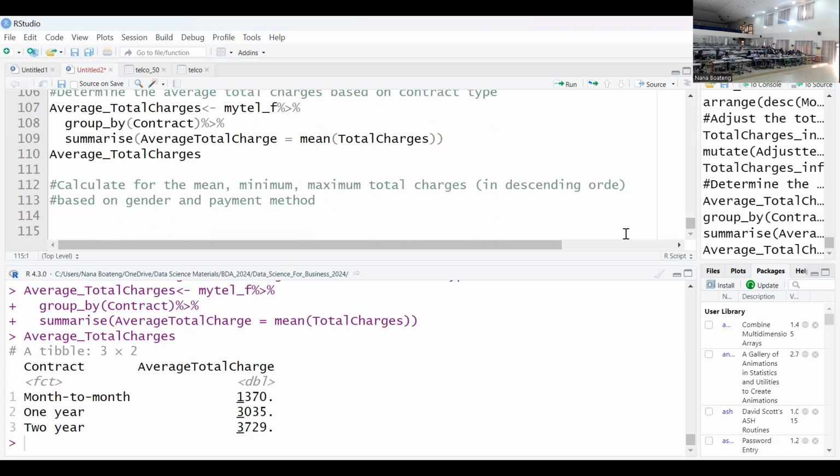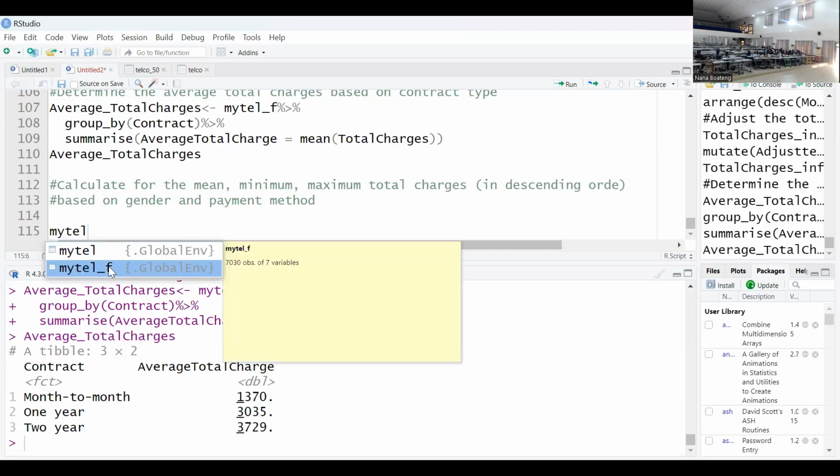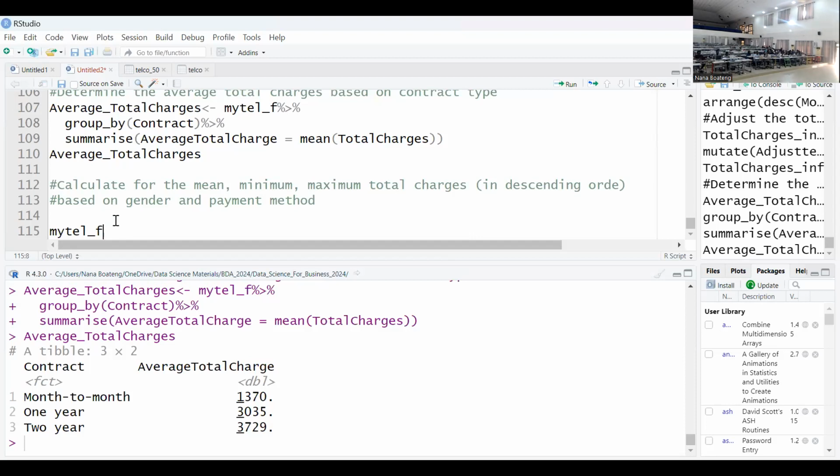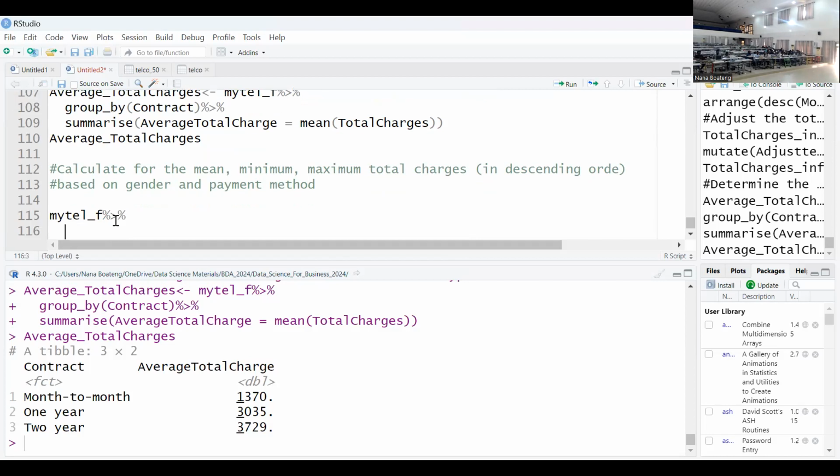Okay, so we have my telco underscore F. Let's pipe that to the summarize function.